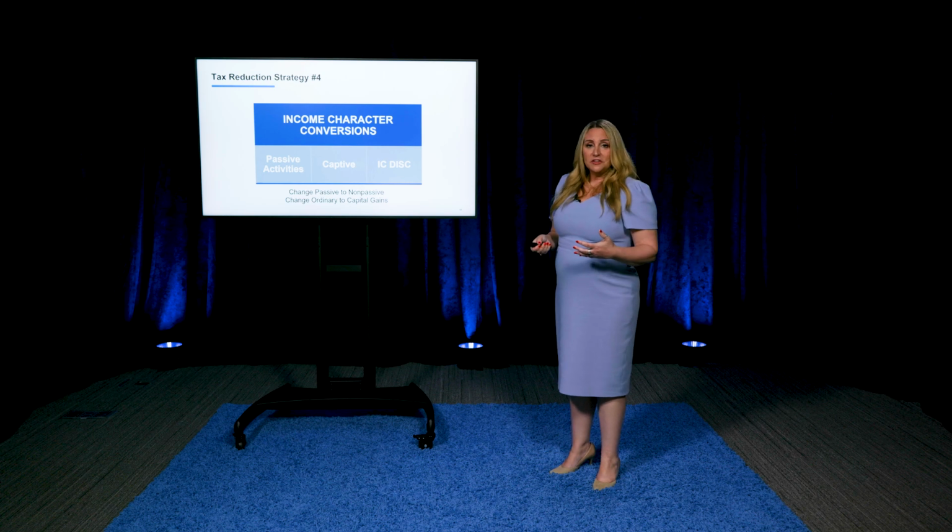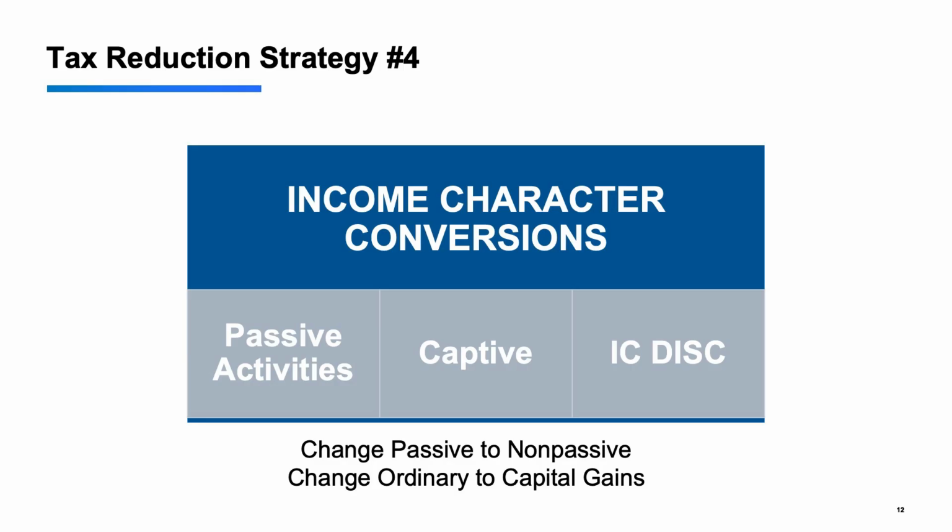The fourth tax strategy I want to share with you are what I refer to as income character conversions. Now, we have different types of income. As I was saying in step number 1, we have earned income, we have investment income, we have passive income and non-passive income.